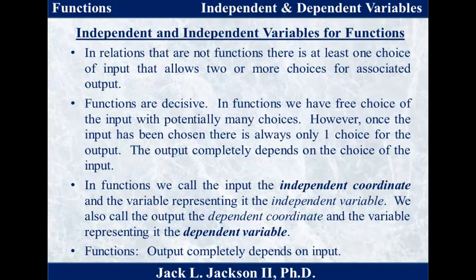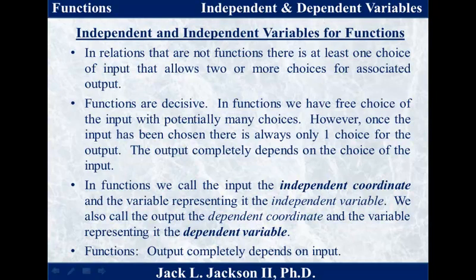So in functions, we call the input the independent coordinate, and when we put a letter that goes with that for the variable, we call it the independent variable. And we call the output the dependent coordinate, and the variable going with it the dependent variable. So the output completely depends on the input.